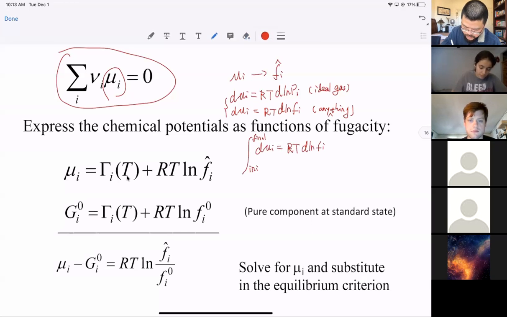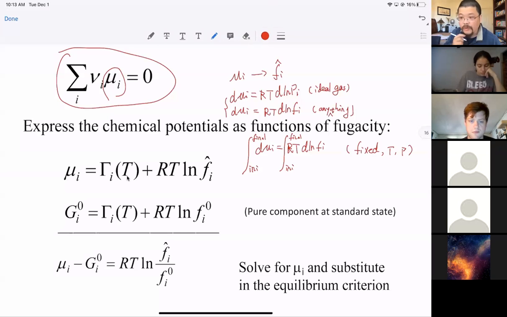This is RT. And of course, oh no, that's wrong. Integration: this is initial, this is final. And then keep in mind, this is at fixed T, so R and T are simply constants over there.